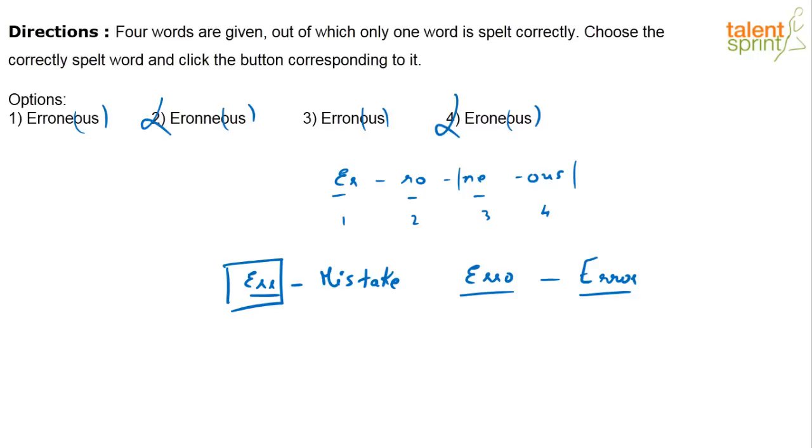So ERRONEOUS, yes, that is the right option. Incorrect, wrong, to make a mistake, that's what it means, right? The word means mistake, something that is done incorrectly.